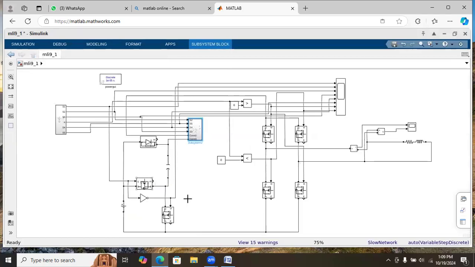Similarly, for the first switched capacitor here, when the capacitor is charging, it will go through this diode to the next switched capacitor cell. And at the same time, this capacitor will be charging with the help of this switch. So the capacitor voltage will be equal to the input voltage, 9 volt.